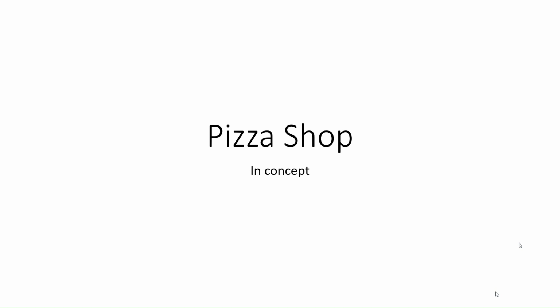Still not going to get into the code just yet. This should probably be the final video I'll make before I actually start building this pizza shop app. But right now, I'm just going to give you a rundown of what exactly we're going to be building. Namely, all the pieces of the puzzle, because I've talked about how to make a user interface. I've talked about coding standards. I've talked about requirements.